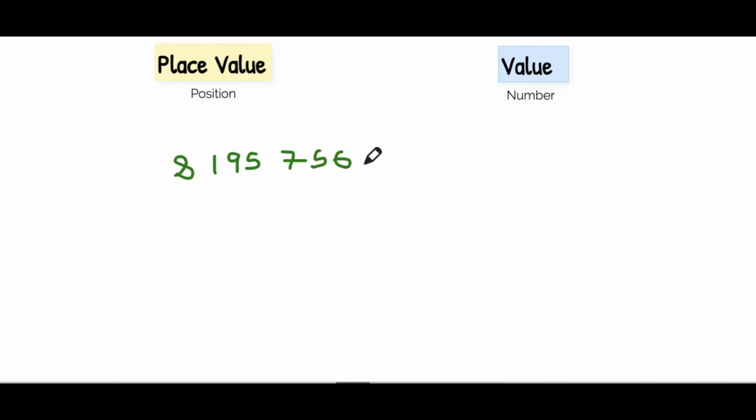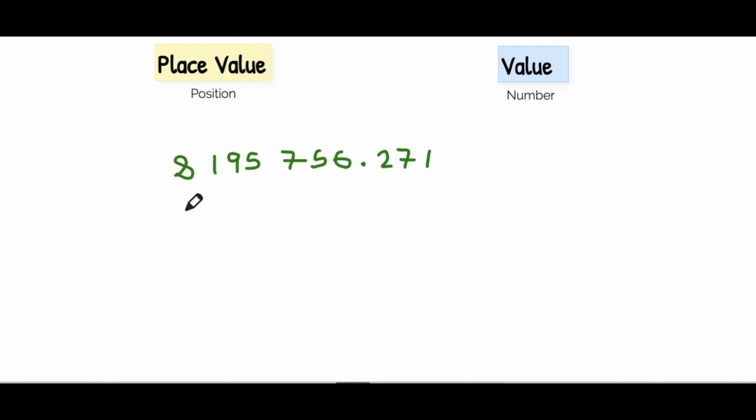This number is 8,195,756.271, or you can say comma 271, but I like to say point. Each and every digit has a place value and has a value.